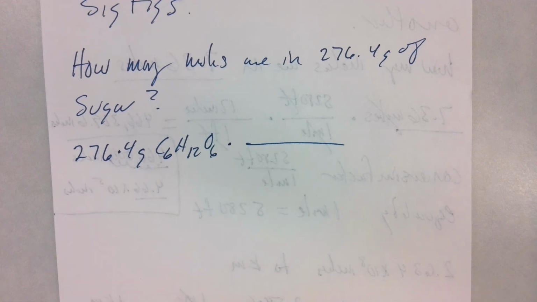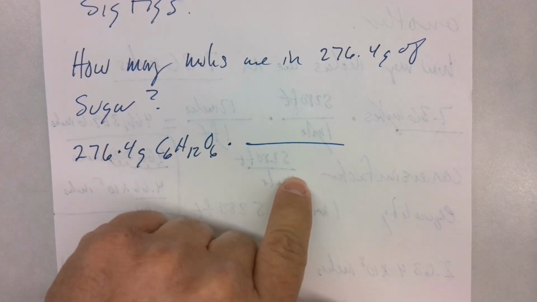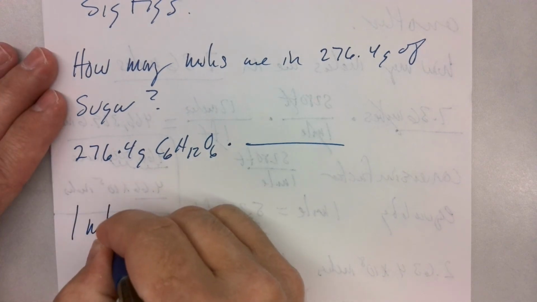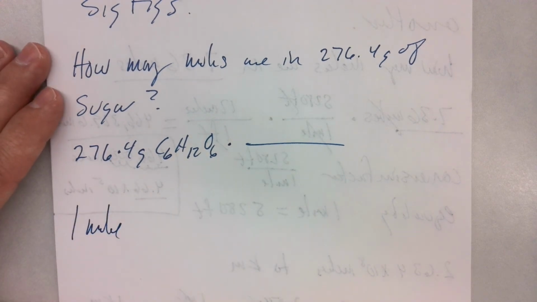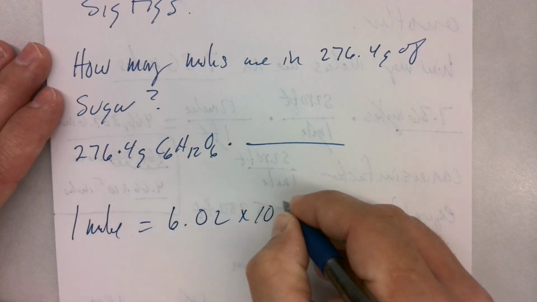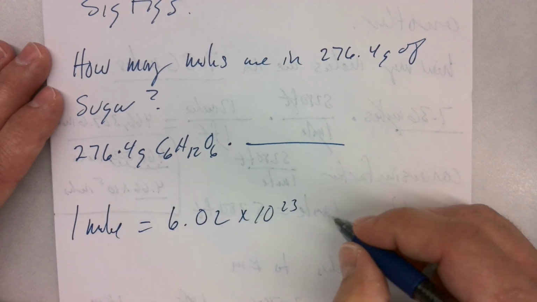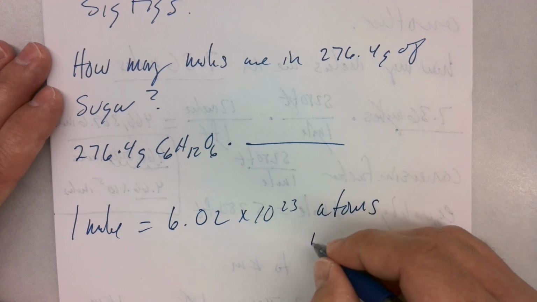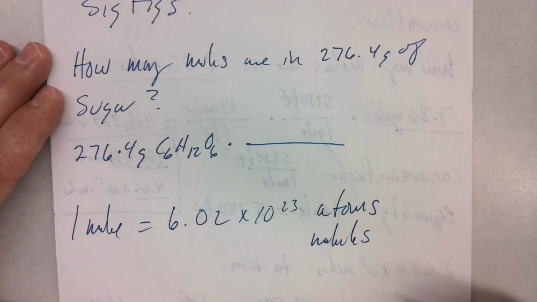Now, who in here knows what we have to do right here? Anybody have any idea how I'm going to go from grams to moles? You don't even know what a mole is. Anybody know what a mole is? No? Nobody? 1 mole is 6.02 times 10 to the 23rd atoms, molecules.